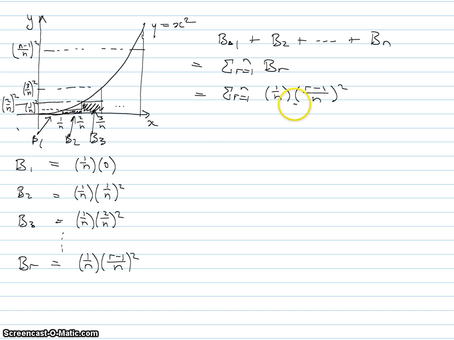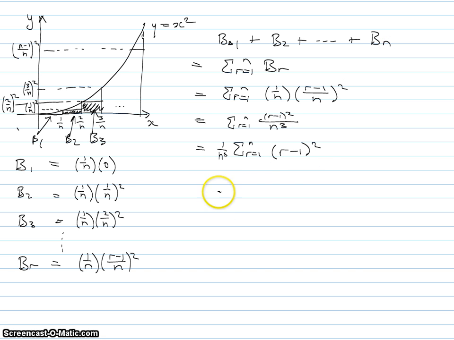So I do something similar to what I did last time. This is the sum, r equals 1 to n, of r take 1 squared over n cubed. The n can come out the front, so 1 over n cubed, summation r equals 1 to n, r take 1 squared. Now, we weren't given a formula for r take 1 squared, we're given a formula for r squared.